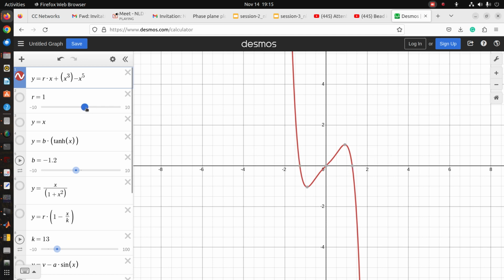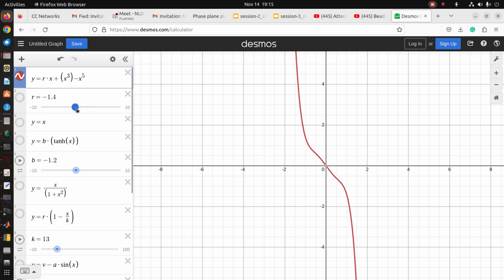And when your value was less than 0, you will observe that you have only one fixed point, that is at 0, where this is positive and this is negative, so it's a stable fixed point, a stable line.